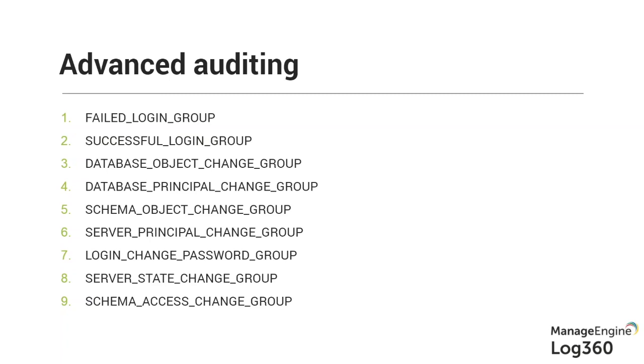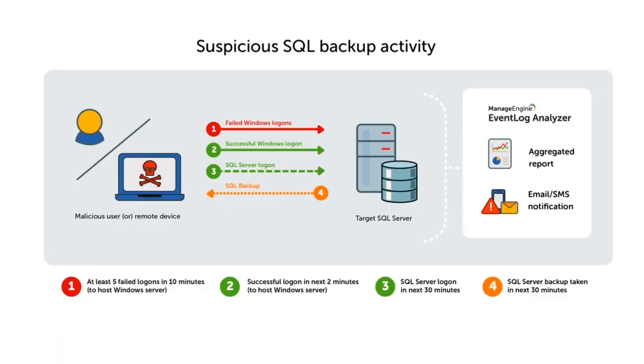So in case you want to leverage advanced auditing to get more granular details about the different database activities, try to see if you can configure these 9 advanced auditing policies, right? So I just wanted to mention this as well in addition to the events that you want to track.